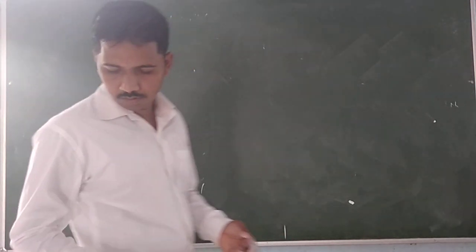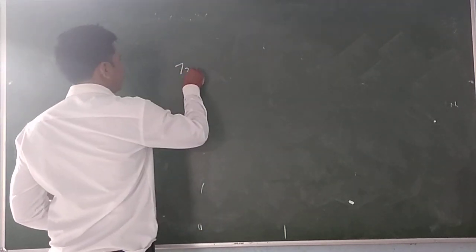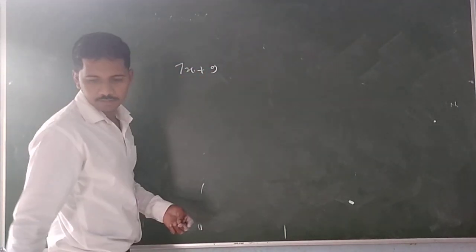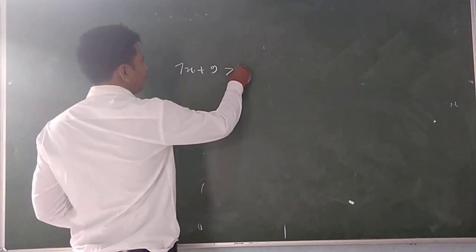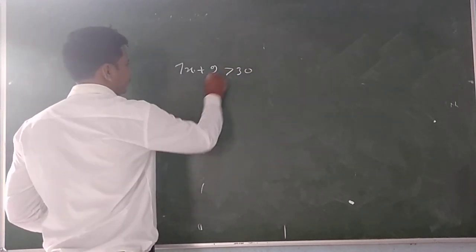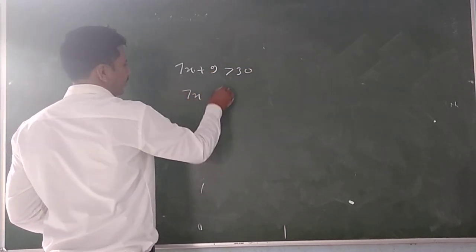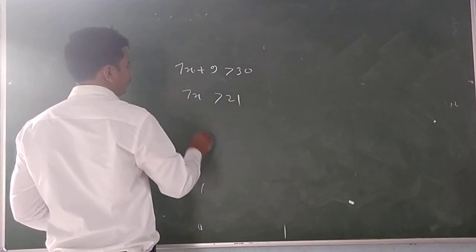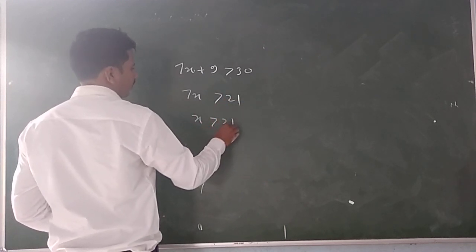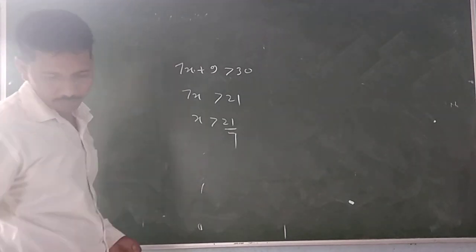Next, determine the solution of 7x plus 9 is greater than 30. Subtract 9 from both sides and it gets cancelled. 21 will remain. x is greater than 21 divided by 7.